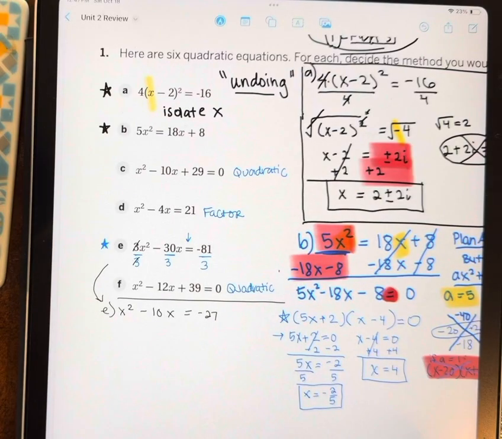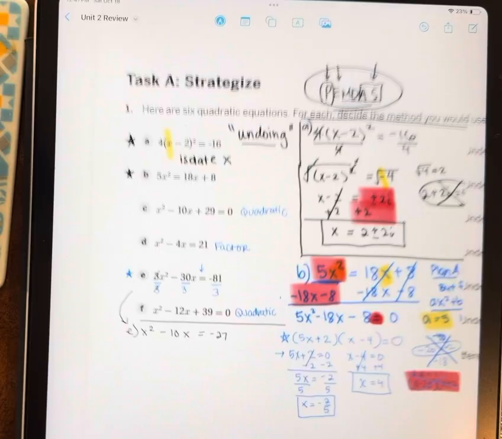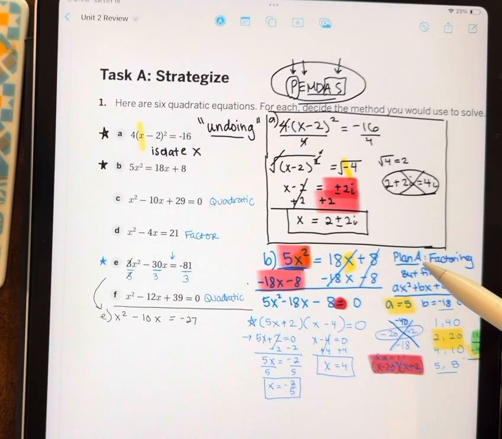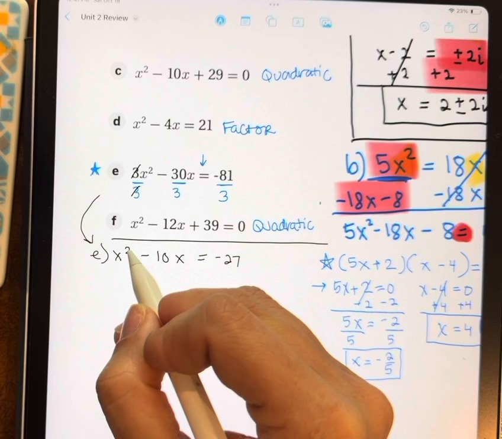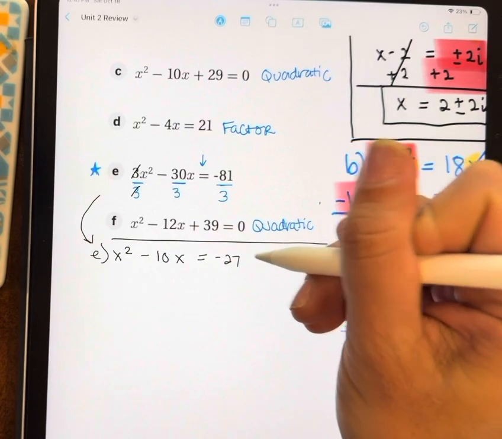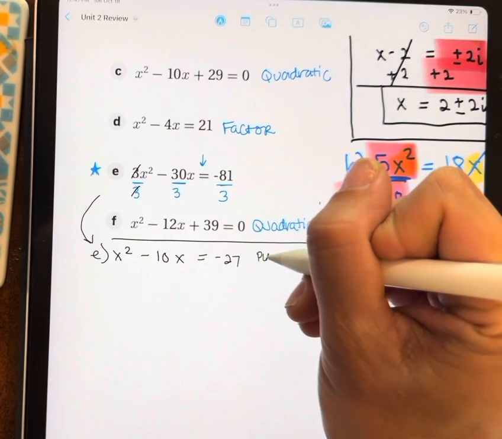Okay, now remember, like on part B that we did, when I have this x squared and x situation, my plan A is to factor.